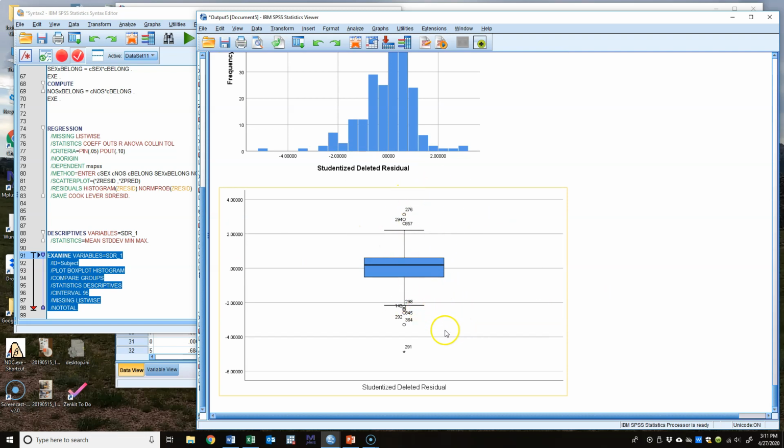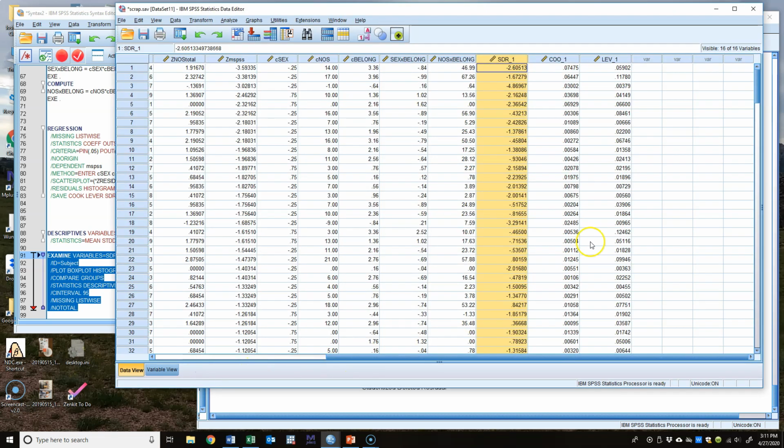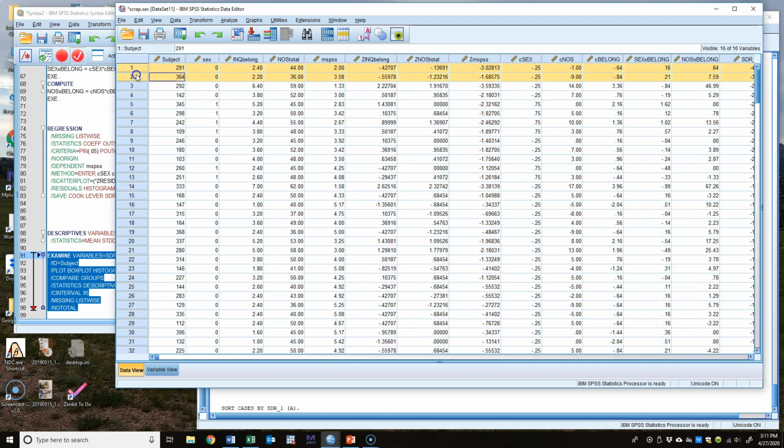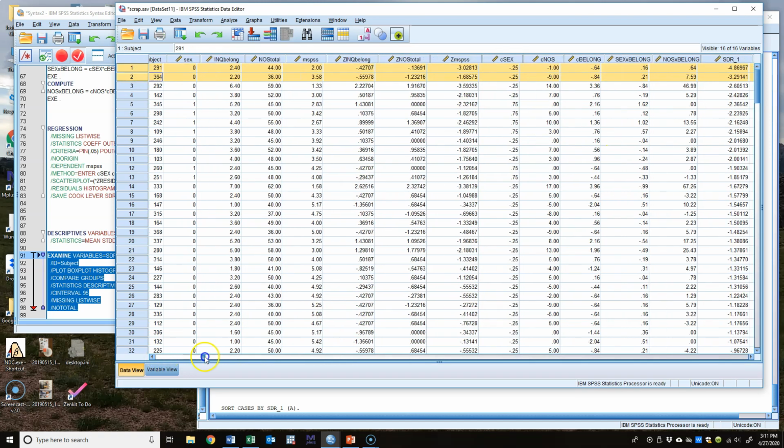If I take a look at my box plot here, it looks like case 291 and maybe 364 are showing some residuals that are starting to be pretty extreme. That's for sure a large studentized residual. So if I go through and sort this, these are my two cases here.